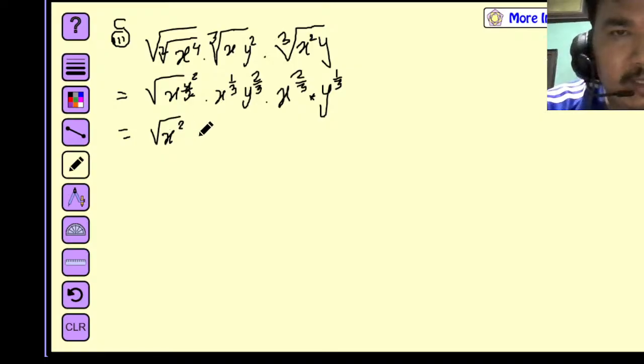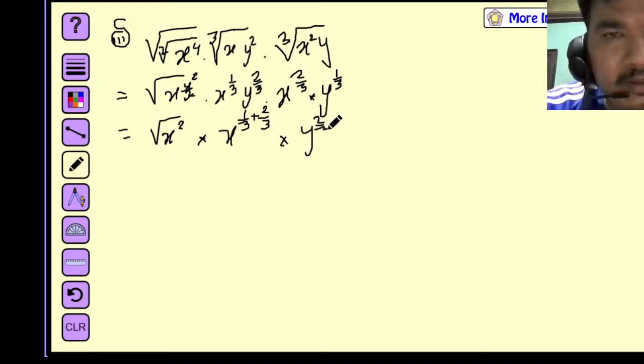Now look, x to the power 1 by 3 and 2 by 3, we can multiply this, and the powers are added: x to the power 1 by 3 added with 2 by 3. Same here, y to the power 2 by 3 plus 1 by 3, powers added while multiplying.